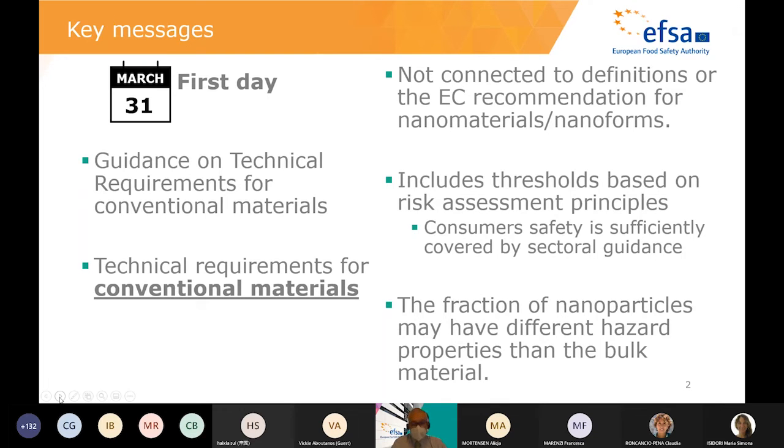We are talking about conventional materials, but from the risk assessment perspective we need to be sure that they are safe. And the question is that these materials may contain a fraction of nanoparticles. In the case that these materials contain this fraction of nanoparticles, even if they are still conventional materials, the definition does not apply if the material does not have the properties that are included in the definition.